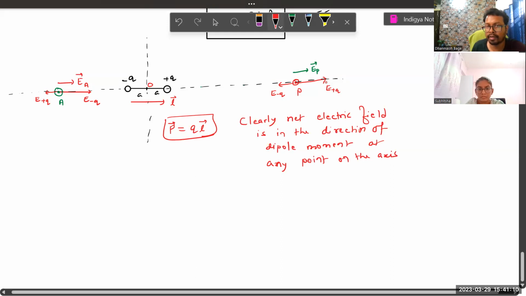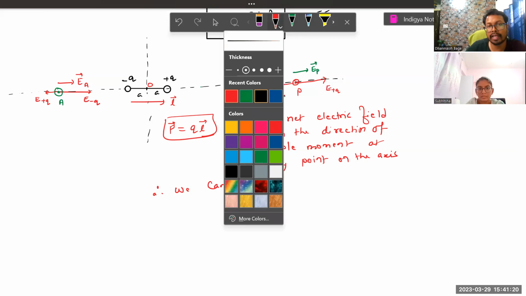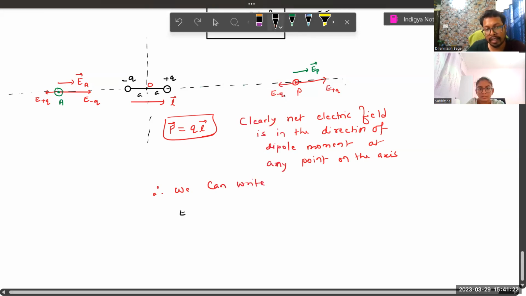Understood this point? Therefore we can write the vector form of the electric field. We can write that E_P vector is equal to 2kp by r cube p cap.